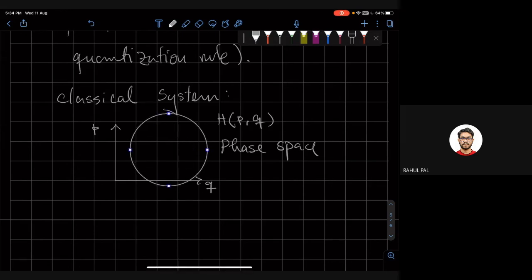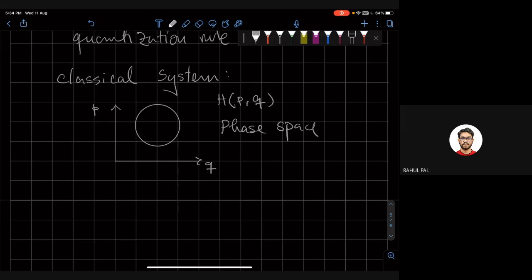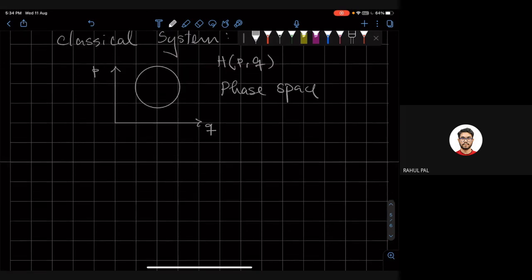It doesn't have to be a circle. It just has to be a closed orbit. Now, what Wilson and Sommerfeld noticed is that if you take P and you integrate the P over this closed loop, then it will be given by 2 pi h. Okay.